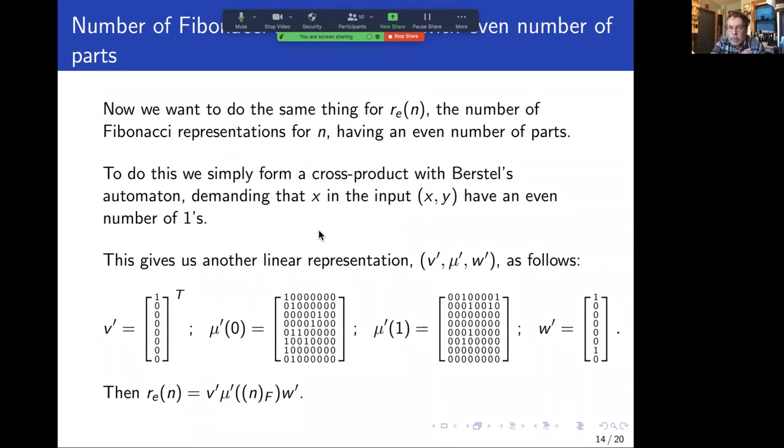It multiplies the number of states by 2. Now we have 8 states. Now we get 8 by 8 matrices. We get another linear representation for Re of n. And this can be done purely mechanically by a system like Grail, for example, that lets you form cross products of automata, or any kind of system that lets you manipulate automata.